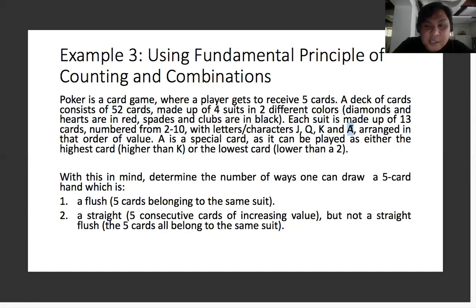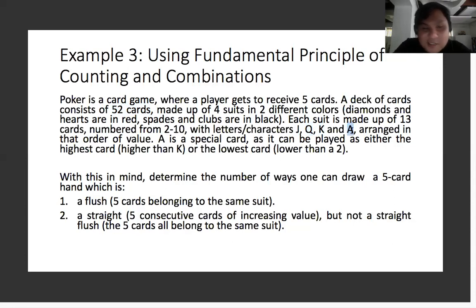The lowest value is 2, then it increases up to 10, then after 10 you have a jack, a queen, a king, and an ace.